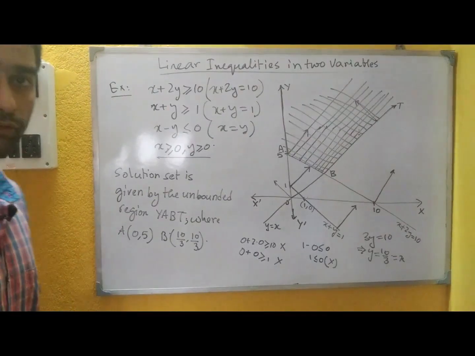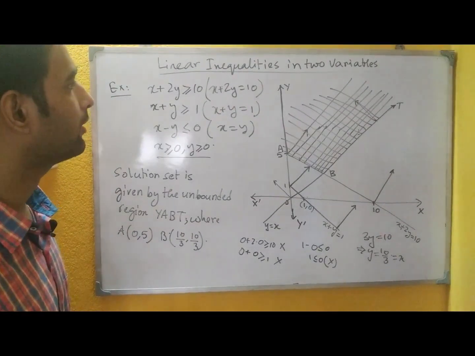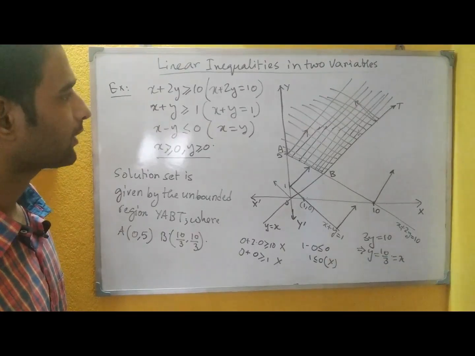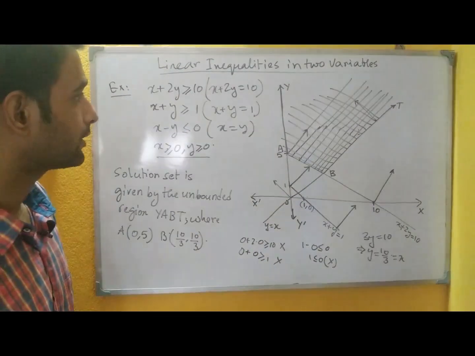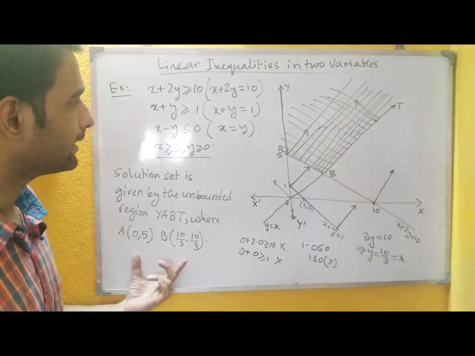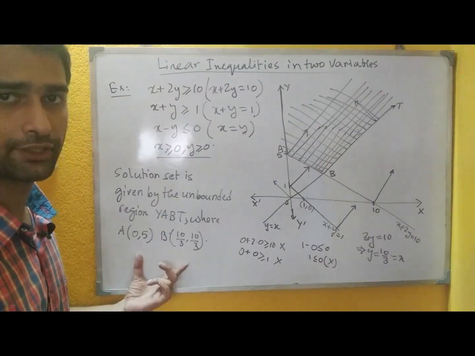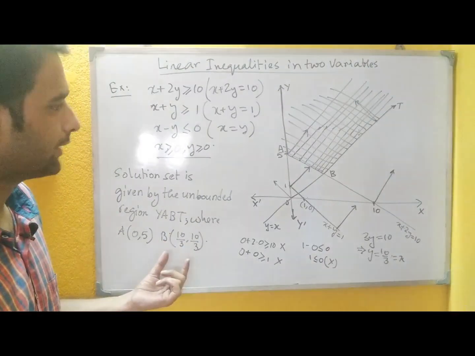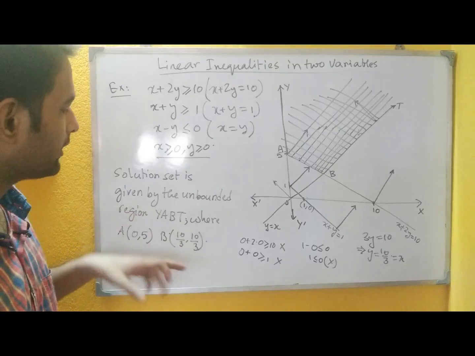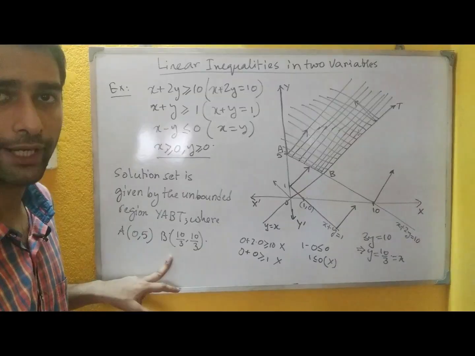So this is the way we solve the system of linear inequalities in two variables. We shade the region and mention the shaded region as the solution set. The vertices in the shaded region, you should name them and find their coordinates and mention them while writing the solution.